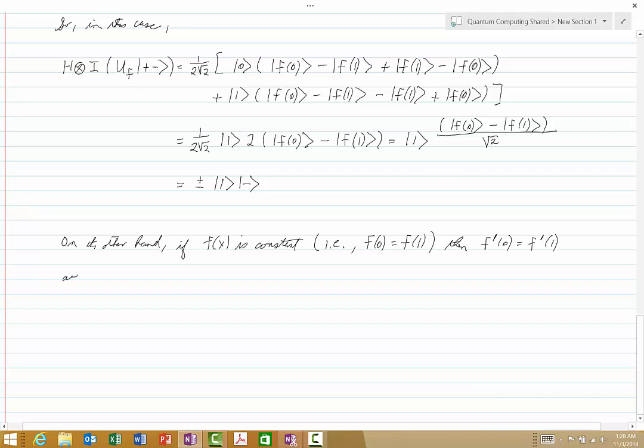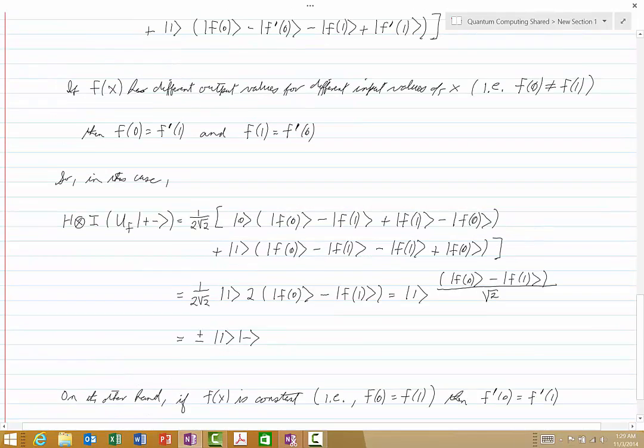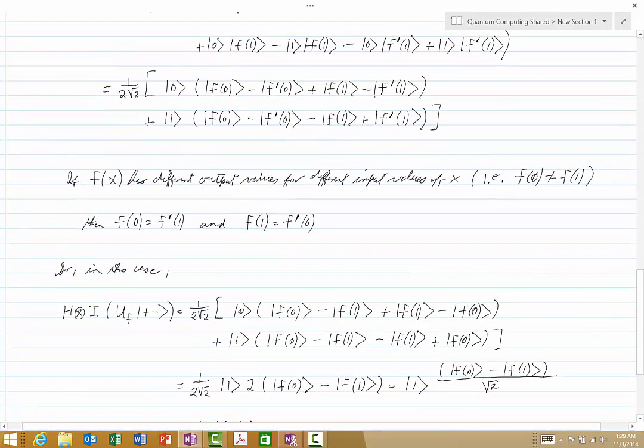And therefore, h cross I, where h tensor product of I of uf of plus minus. Okay, in that case then, let's go back up here to our expression for that.